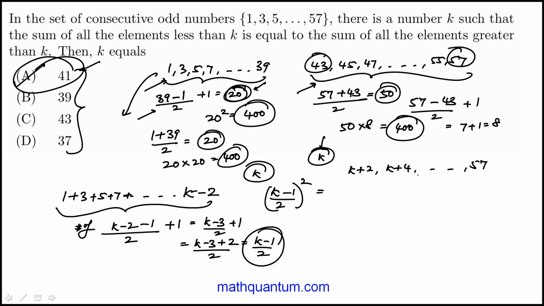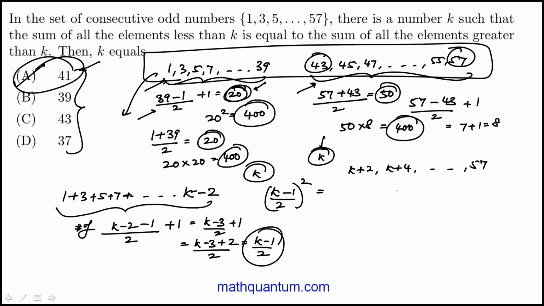So here we have k plus 4, and then the last term is 57. Here, instead of doing the average, what I'll do is find the sum of all of these numbers from 1 through 57. And I have 57 minus 1 over 2. Again, I'm trying to count how many I have total, which is 56 over 2 plus 1, which is 29.